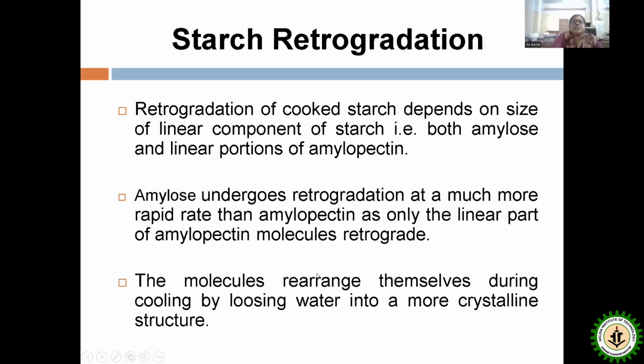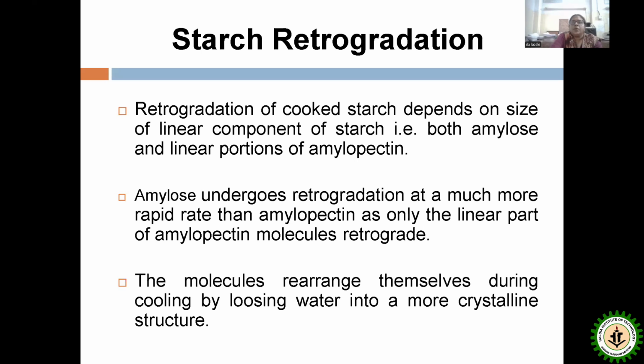Now, the retrogradation of cooked starch depends on the size of the linear component of starch, that is both the amylose molecule as well as the outer branches or linear portions of the amylopectin molecule. So, both can take part in the retrogradation process. The amylose molecule usually undergoes retrogradation at a much faster rate than the amylopectin molecule because the whole amylose molecule takes part in the retrogradation process.